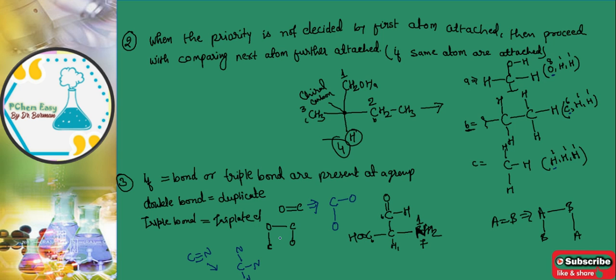Now we have assigned the priority. What after that? So now I will tell you with an example. So you can say this is rule 4. After assigning the priority, what we have to do?